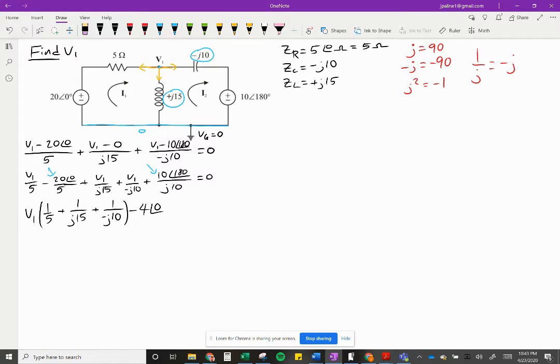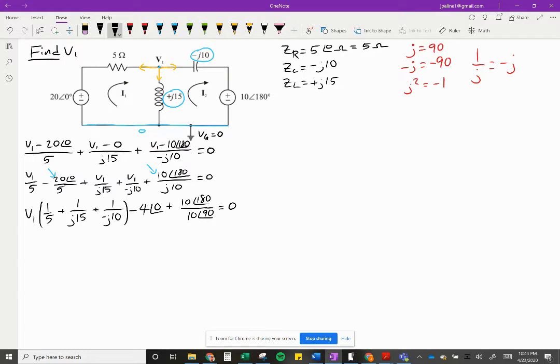And from over here, we'll get plus 10 at angle 180 over 10. And remember how we said J was 90 degrees. Set that equal to 0.